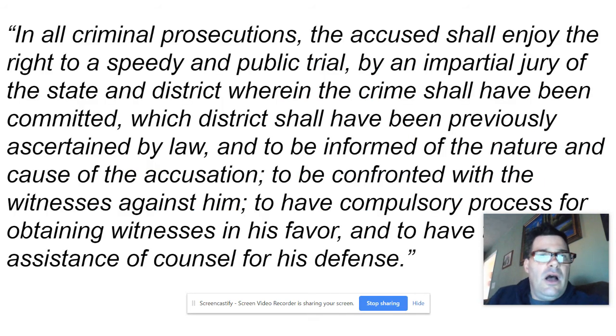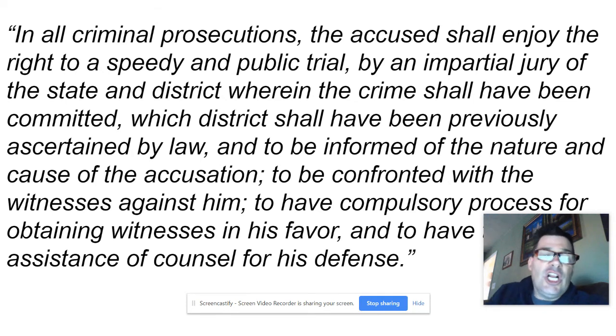All right, cool. In all criminal prosecutions, the accused shall enjoy the right to a speedy and public trial by an impartial jury of the state and district wherein the crime shall have been committed, which district shall have been previously ascertained by law, and to be informed of the nature and cause of the accusation. So you need to know what you're being accused of. You have a right to know that. To be confronted with witnesses against him. So you have the right to see the witnesses that are actually saying what they're saying.